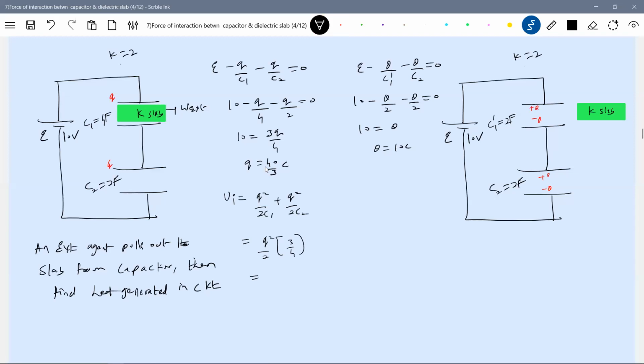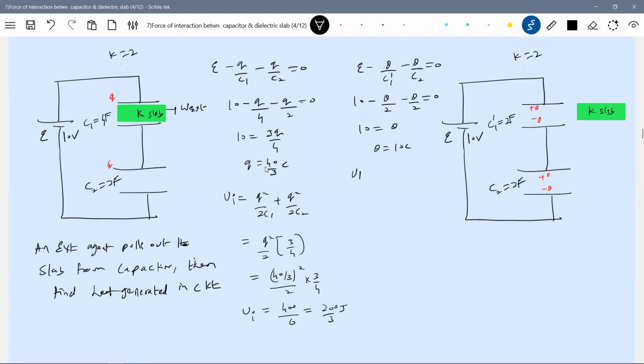Then Q square becomes (40 by 3) whole square by 2 into 3 by 4. The 3s cancel, here 4 times 10, 400 by 6, 200 by 3. I'm not sure whether I'm correct. You have to verify it.